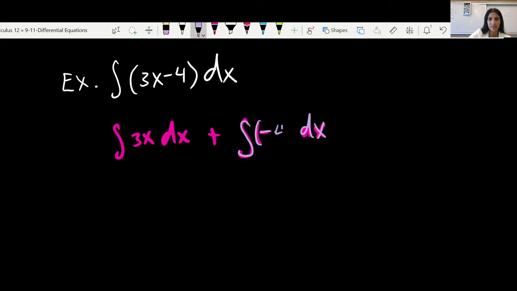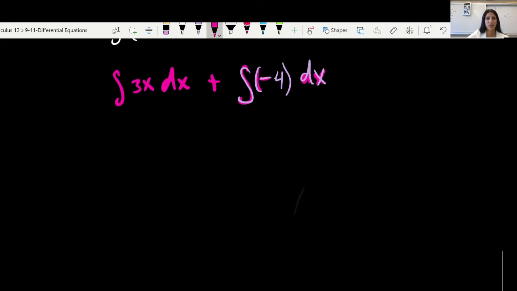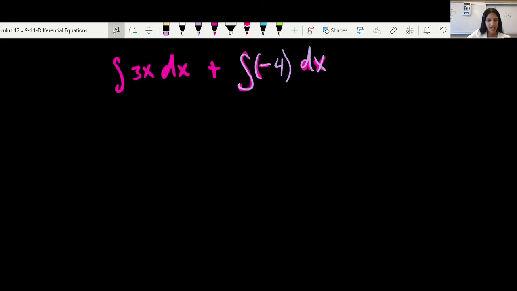If we are working with just the first part here, I can pull the coefficient out front, so I can just leave that as 3. Then in brackets, this is like saying x to the 1, so I'd add 1 to get 2. And then in front I would put 1 over 2, x to the 2.